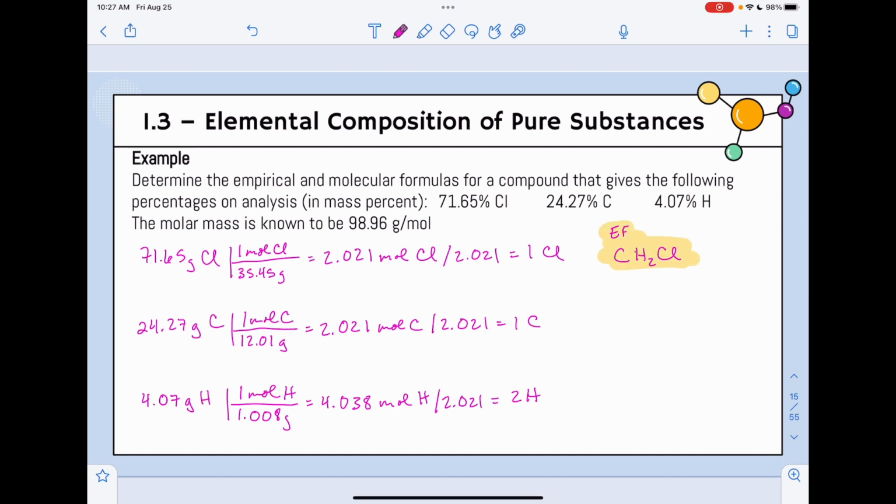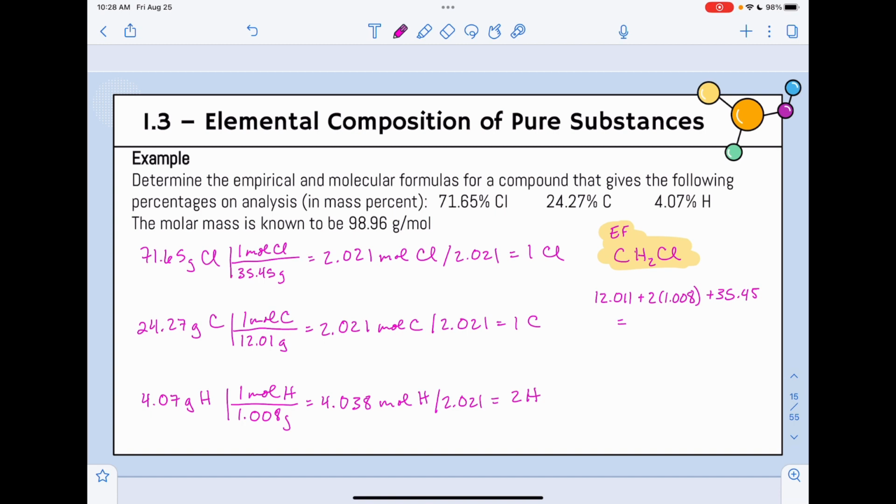Now we need to check the molecular formula. So I'm told that the molar mass is 98.96. I'm going to see what the molar mass of my empirical formula is. So if I add up 12.011 plus 2 times 1.008 plus 35.45, that will get me my empirical formula mass.